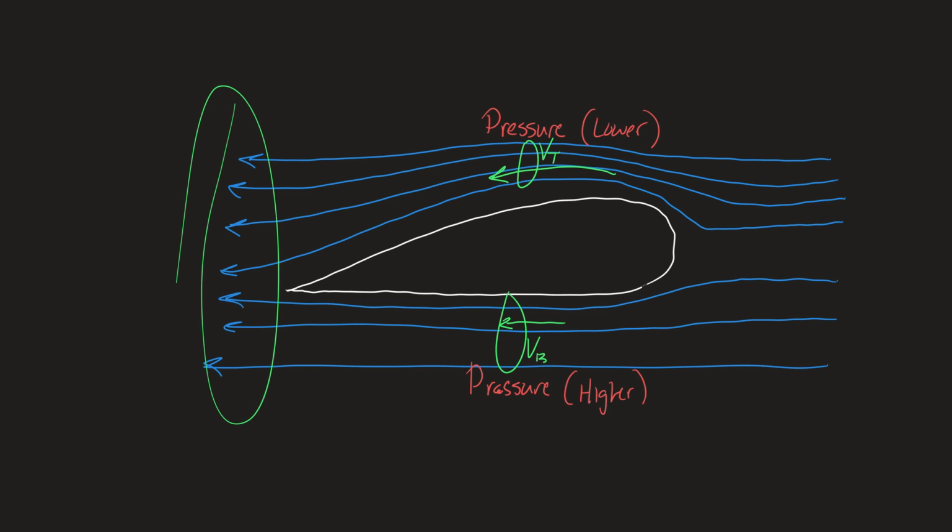So because the pressure is less on the top than on the bottom, there is a force on the wing this way, from the air pushing at the bottom of the wing towards the area of low pressure. We call this force lift. And the lift force is what pushes an airplane's wing upwards. It is a constant force, and that force is proportional to how fast the air moves over the wing.